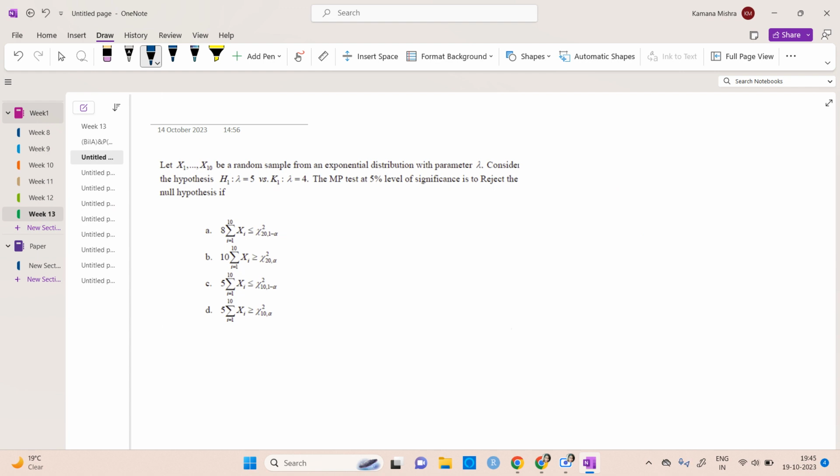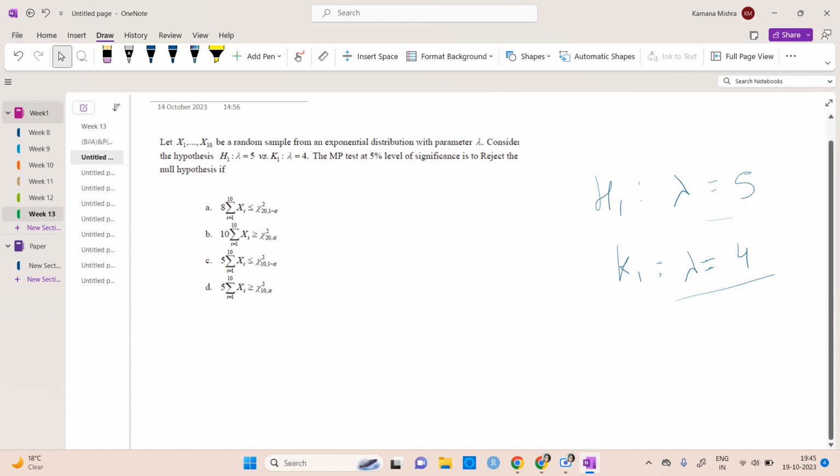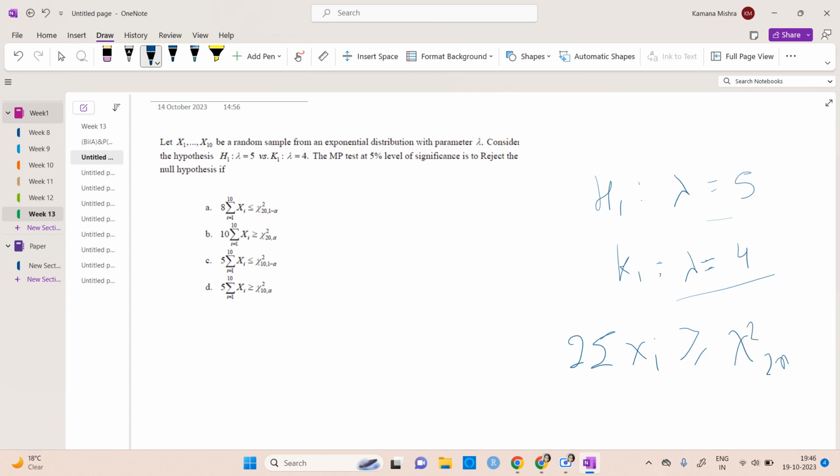I have some questions. So here H naught is lambda equal to 5 and H1 is lambda equal to 4, right? Then the thing here is that we reject the null hypothesis when 2 summation xi is greater than or equal to chi square 2n comma alpha.